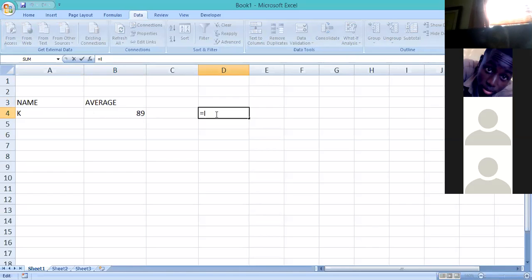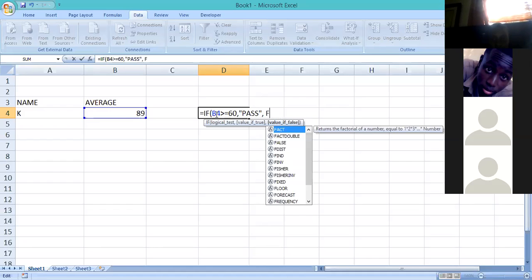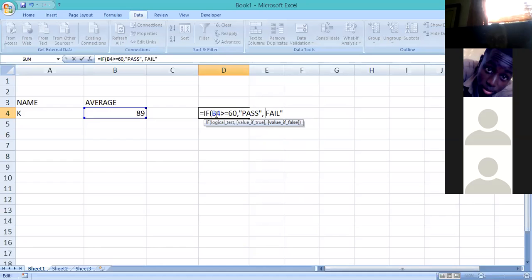It would be equal if, open bracket, what's this now? B4. So if the person gets 60 and over, they pass. If they get less than that, they fail. So if B4 is greater than or equal to 60, comma, open quotation, pass, close quotation, comma, fail in quotations as well.